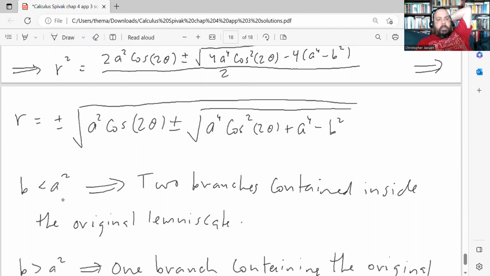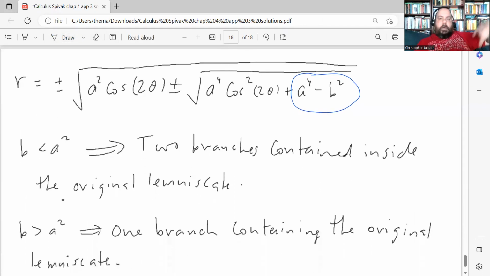So this gives you the equation of the curves in part D, and whether b is greater than or equal to a squared tells you the sign of this term here, and that affects the shape of the graph. I'll show you some examples like I did yesterday in Desmos.